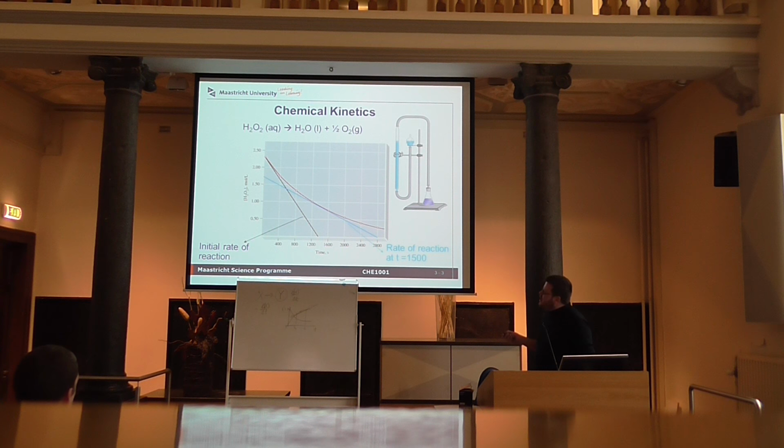These dots here are actual experimental data. You start at T0 with a concentration of, let's say, 2.5 H2O2, and as time proceeds, it's decomposing to form these products. The concentration is obviously going to go down, and it's going to form a curve like this.